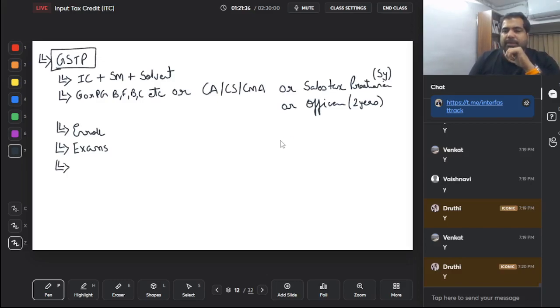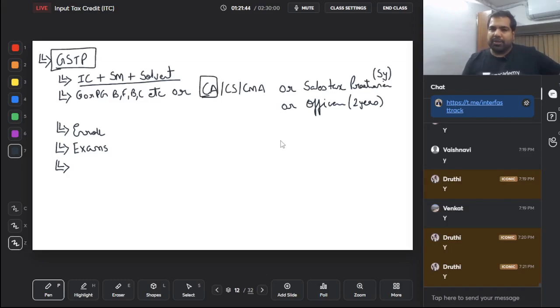Guys, GSTPs, can I be a GSTP? Yes, I can, because I am, let's say, a CA, so I can be a GSTP. I can enroll. I will get a separate login ID and password, so I don't have to take my client's password, guys. You know how funny the passwords can be. So I don't want to ask my client for his or her password.